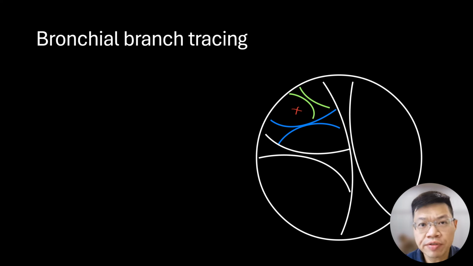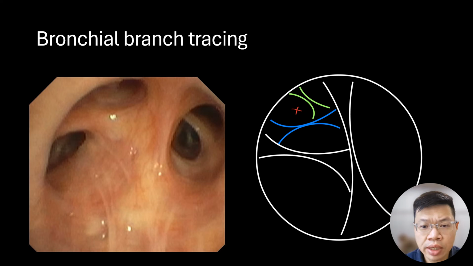And now we can reference the bronchoscopic images which were captured. We can see that indeed there's a branching angle here, over here, which separates the posterior as well as the apical and the anterior segments of the right upper lobe.